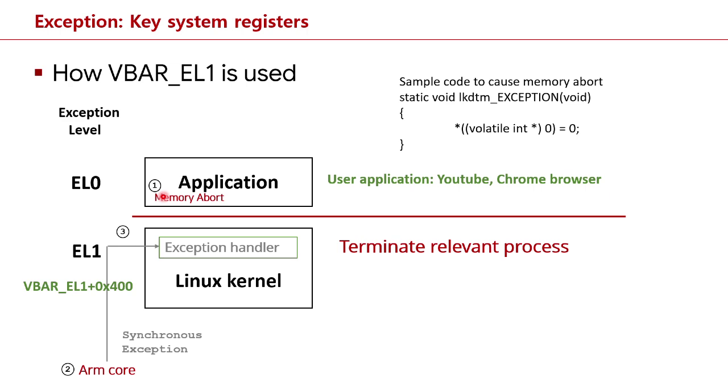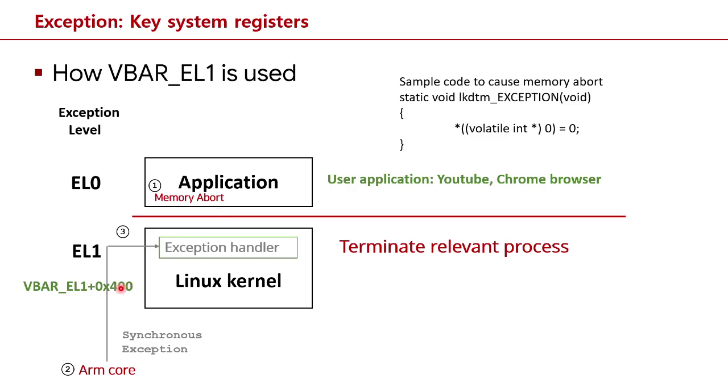If an exception occurs at exception level 0, then the ARM core will jump to the exception vector address. For this, it refers to the value of the VBAR_EL1 register. Then an offset is added to the value of the VBAR_EL1 register. This is the way to calculate the exception vector address for this kind of exception.